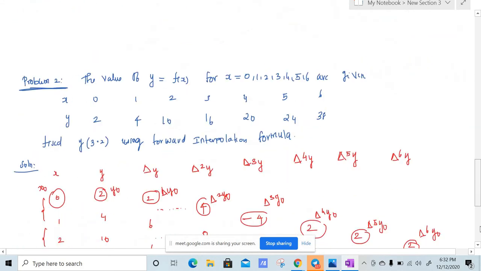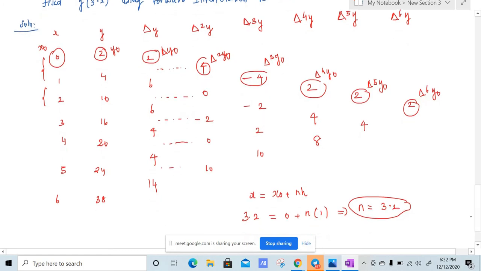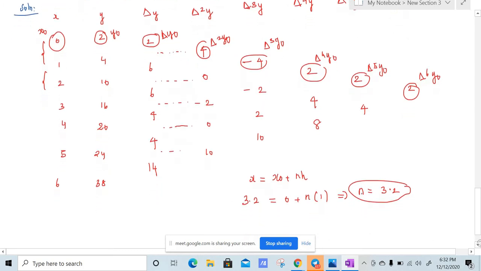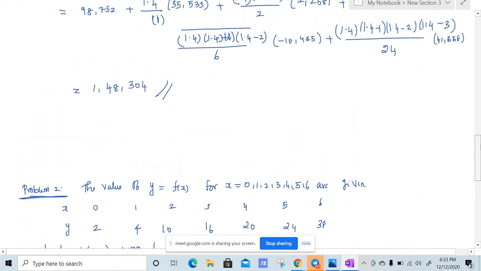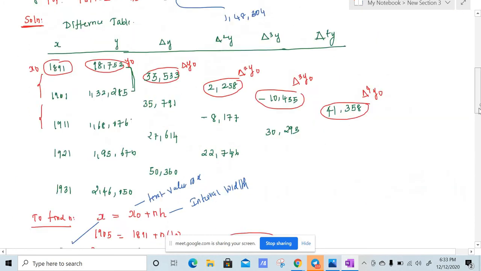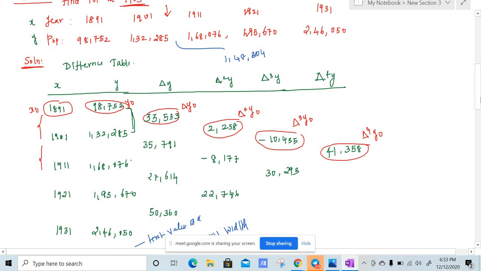When you use that formula, you will get the answer, approximately 17.28. So this is the Newton forward interpolation formula, right? Again it's very elementary, and we will do one more problem.